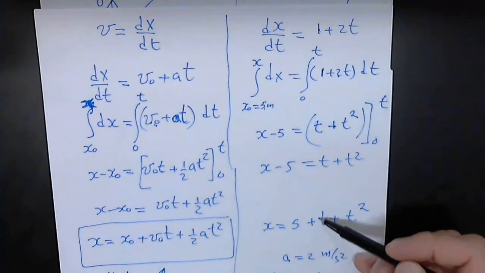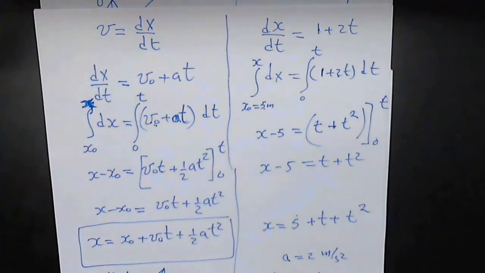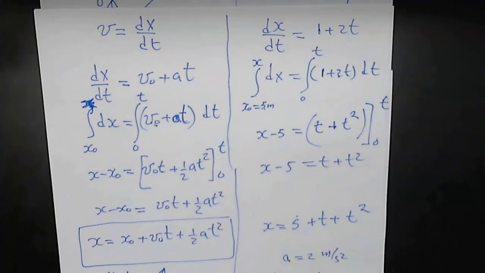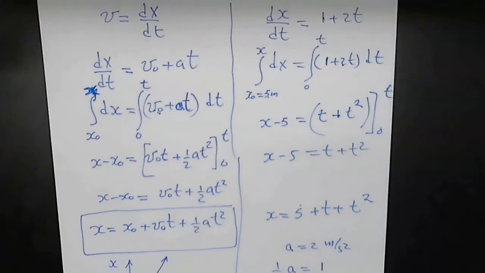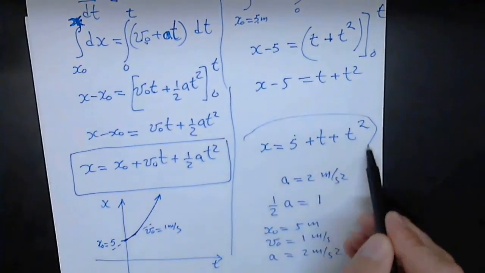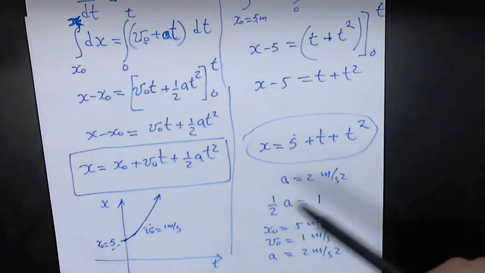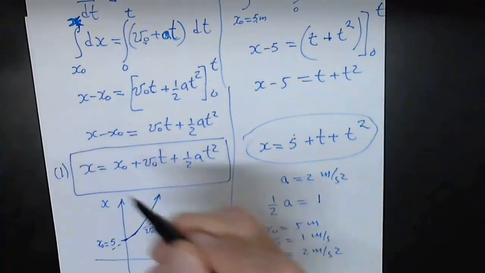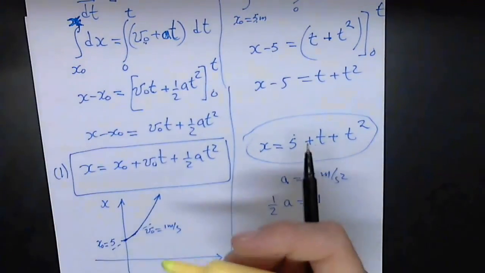That's why you have a 1 over here. And the initial position is 5. So the initial position is 5 meters, the initial velocity is 1 meter per second, and the acceleration is 2 meters per second squared. So this is this particular case, but this is the general equation.